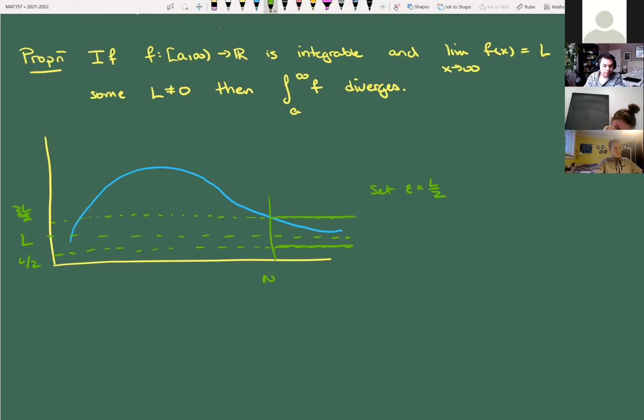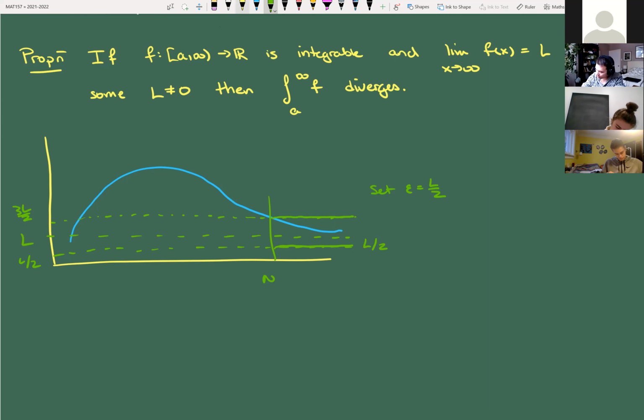Now what you can do is compute the lower bound, like the lower Darboux sum here. Whatever the value of the integral, when you take the supremum it will always be bigger than L over 2. And you can show that the lower sum becomes arbitrarily big. Does everyone see what I'm saying here?